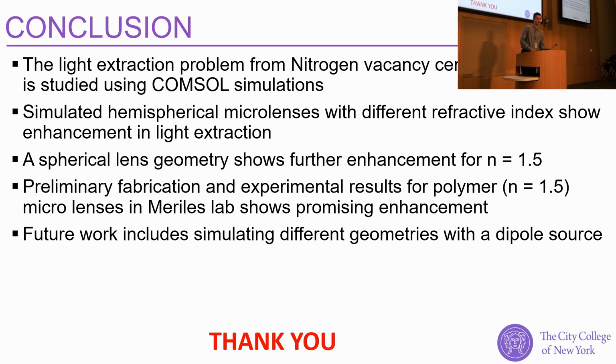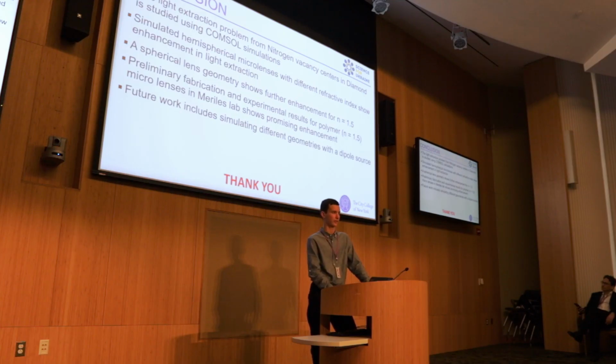So in conclusion, we studied the light extraction problem from NV centers in diamond using COMSOL and Python. We simulated hemispherical lenses with different refractive indexes, and we saw the correlation between the amount of light we get and the refractive index of a lens.